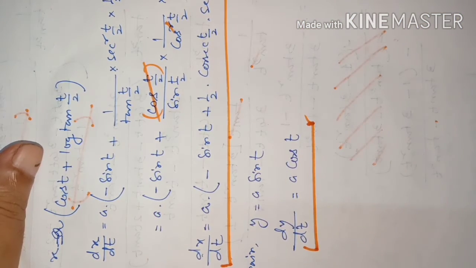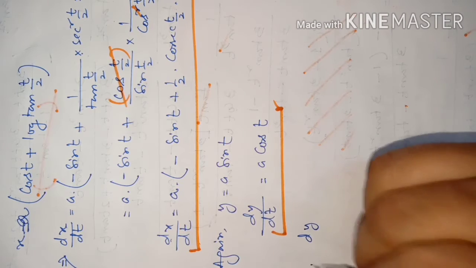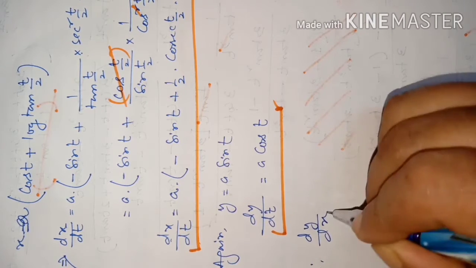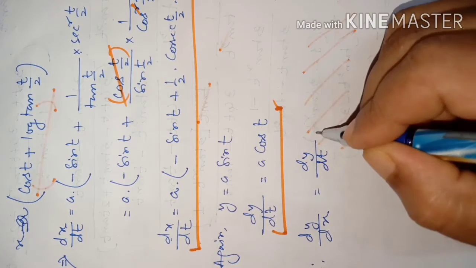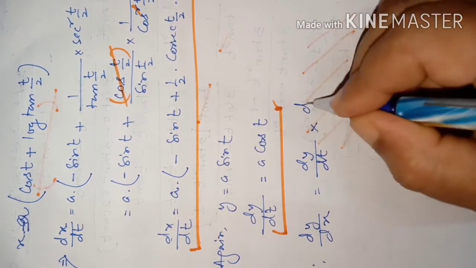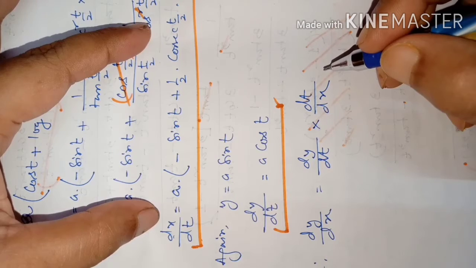So here is dy by dt, here is dx by dt. Now if we divide, therefore dy by dx is equal to dy by dt into dt by dx, that means reciprocal of dx by dt.